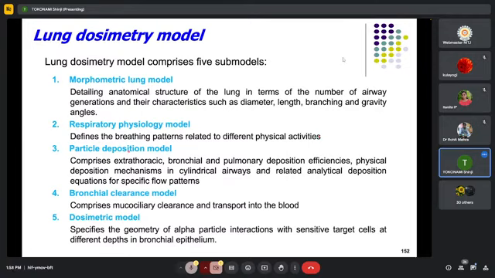Particle deposition model comprises extrathoracic, bronchial, and pulmonary deposition efficiencies, physical deposition mechanisms in cylindrical airways, and related analytical deposition equation for specific flow patterns.